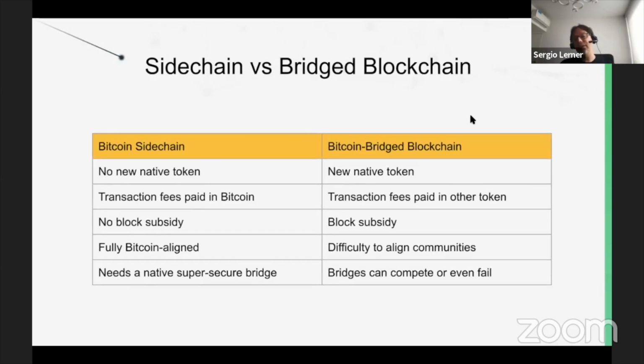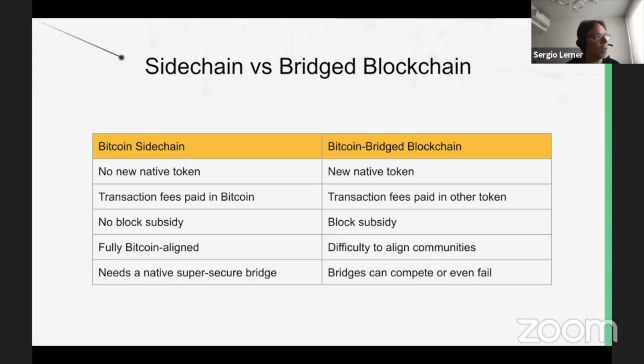So the main differences between a sidechain and a general Bitcoin bridge blockchain would be, obviously, that you don't have a native token, so you have to use Bitcoin. All transaction fees are paid in Bitcoin and not in this other token. There is no block subsidy.